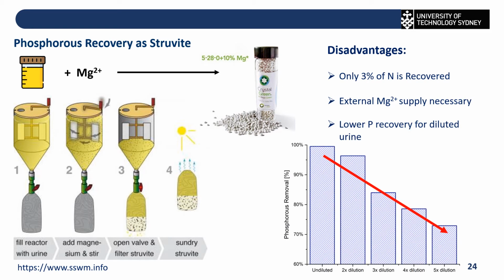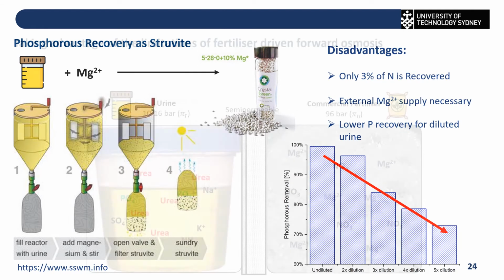And then phosphorus removal, when you have undiluted urine compared with 5 times diluted urine. So phosphorus removal is very high, almost 95% with undiluted urine. And when you dilute your urine 5 times, the phosphorus removal to produce fertilizer is about 75%, so it decreased a lot.